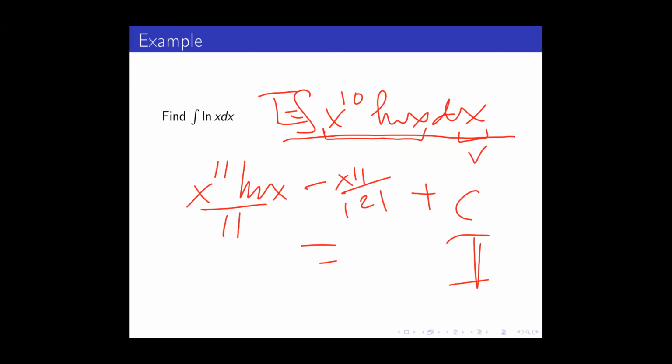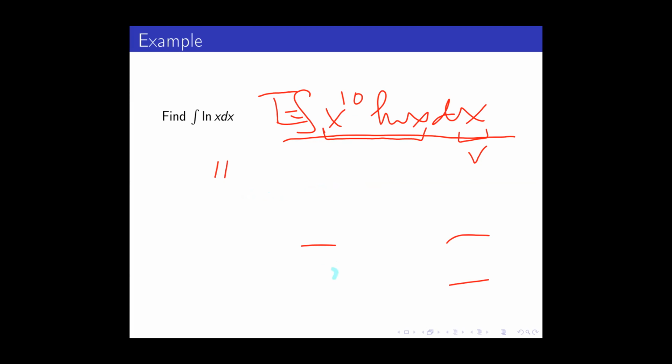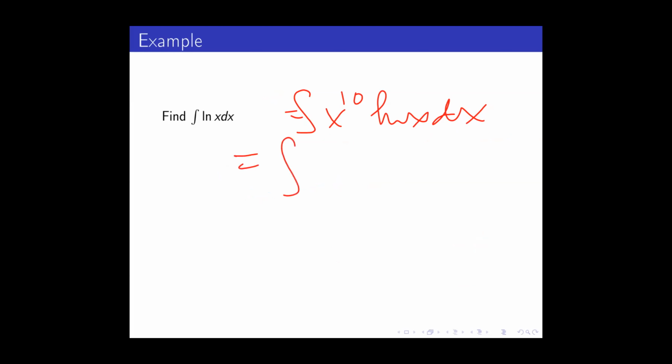Another way, maybe quicker, is that you keep log x and write d of x to the power 11 over 11, because that would give you exactly x to the power 10 dx, right?